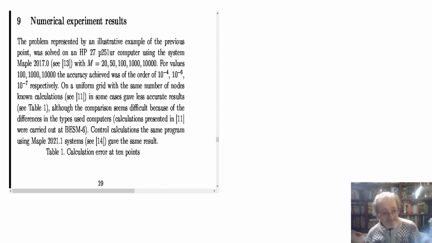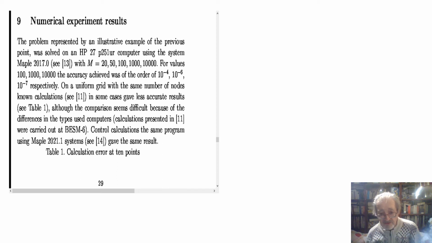For values 100, 1000 and 10,000, the accuracy achieved was of the order of 10 to the power minus 4, 10 to the power minus 6, and 10 to the power minus 7 respectively.